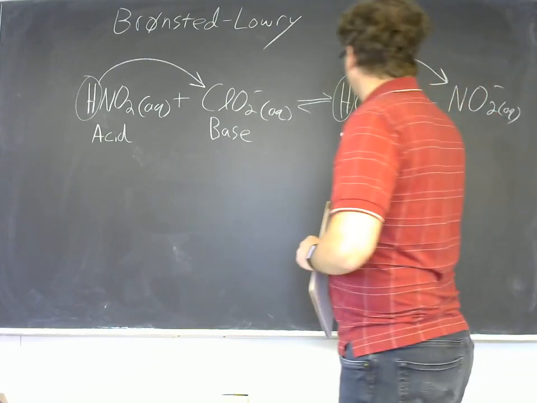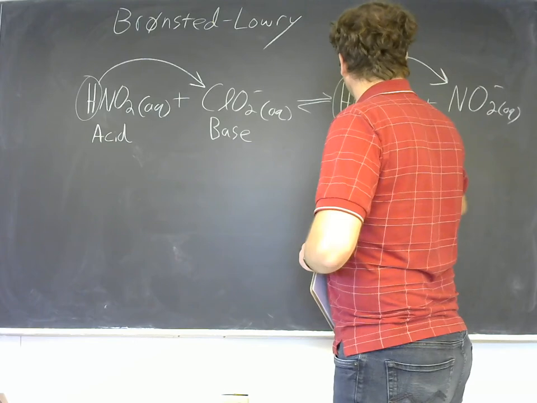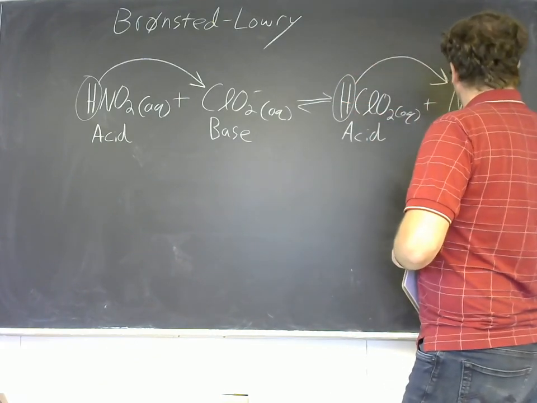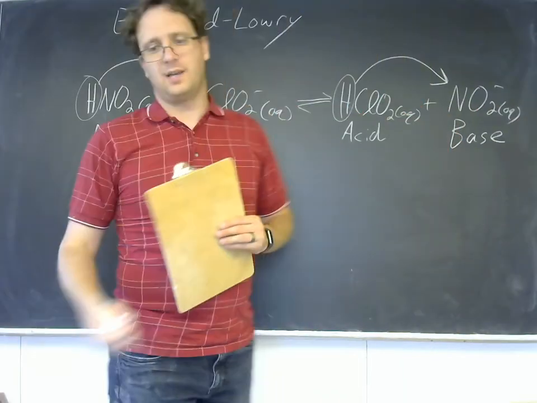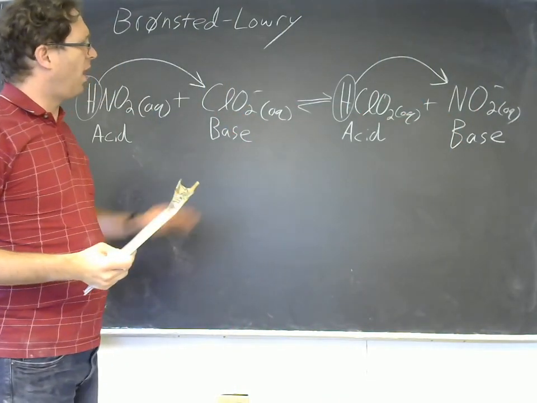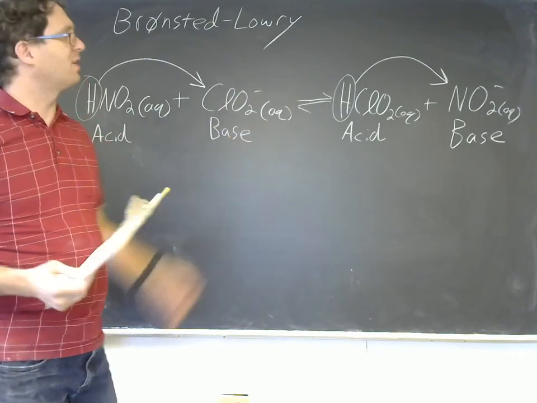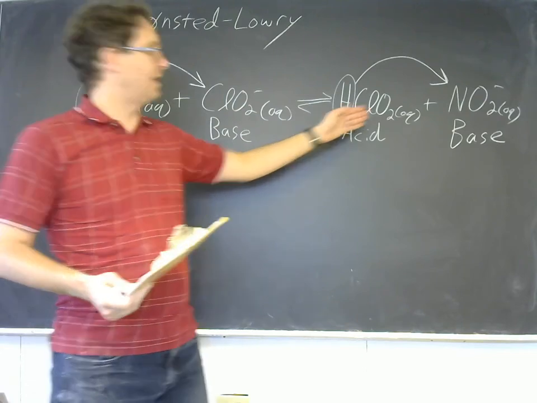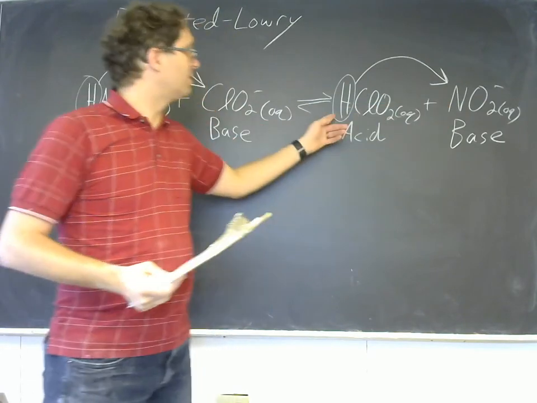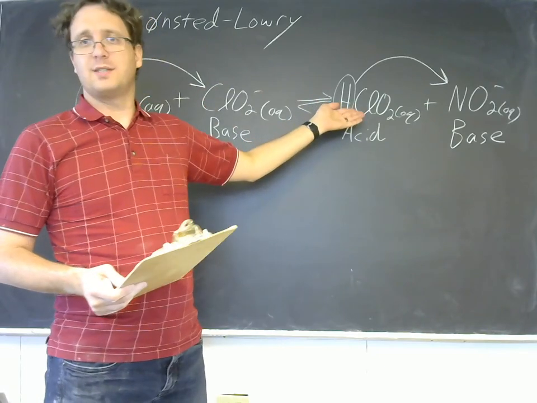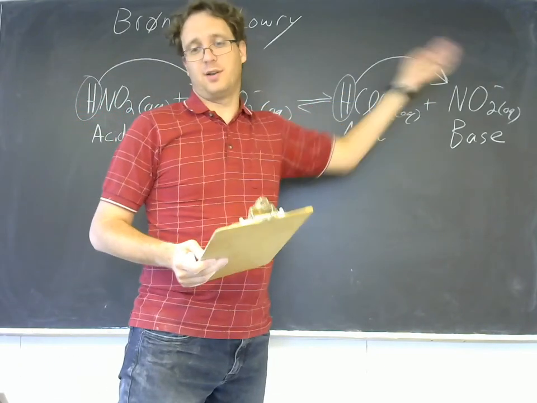And so that makes this also an acid. And this, the nitrite ion, is a base. And so for this reversible reaction, it's really easy to justify calling this an acid and that a base, because in going in the reverse direction, the chlorous acid actually is donating a proton to the nitrite ion.